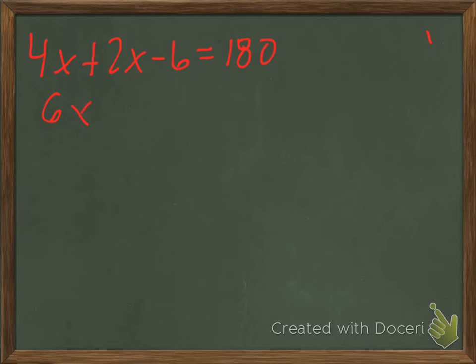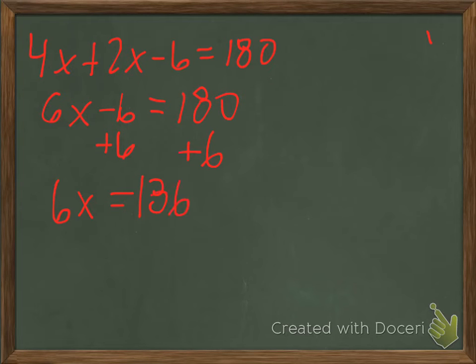So that gives us 6x minus 6. We get 6x equals 186. So x would be 31.